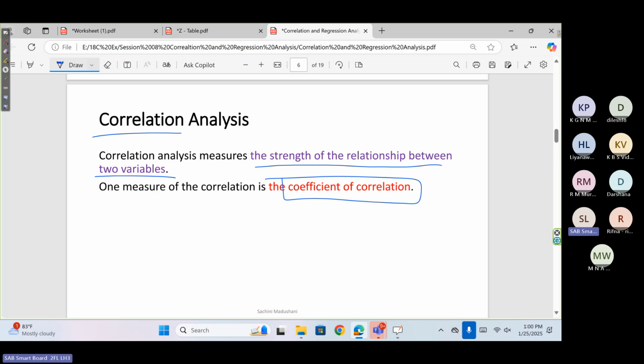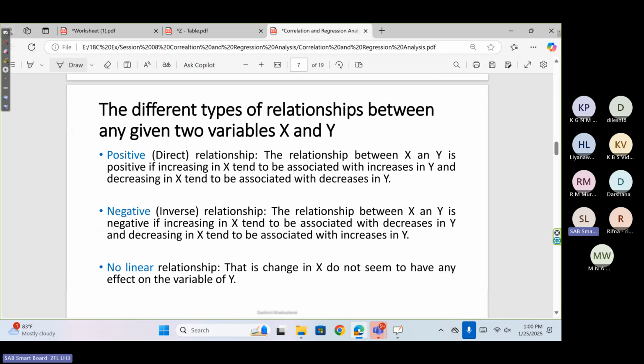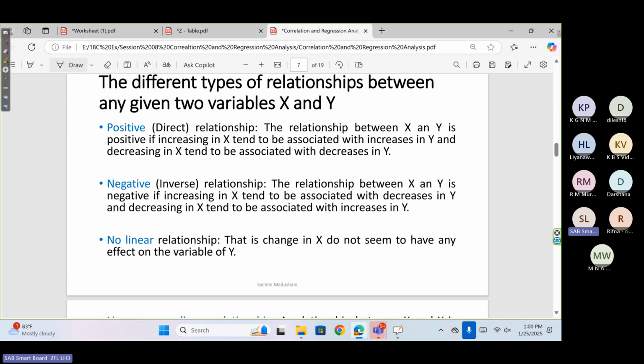It's clear? And then we move on one by one. Before calculating the correlation coefficient, we identify the different types of linear relationships. Mainly we can identify whether the relationship is positive or negative. In economics, you study demand, where the quantity demanded and the price have a negative relationship.